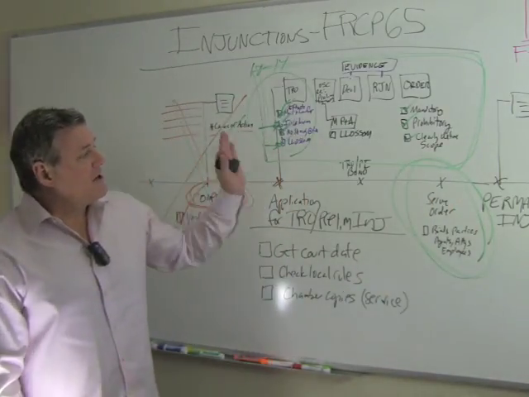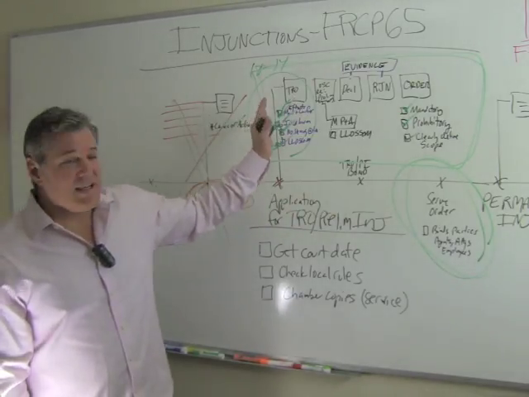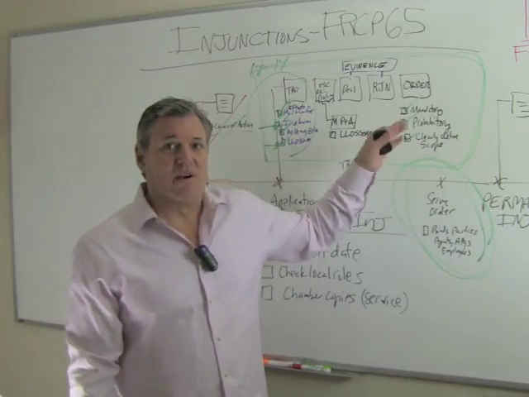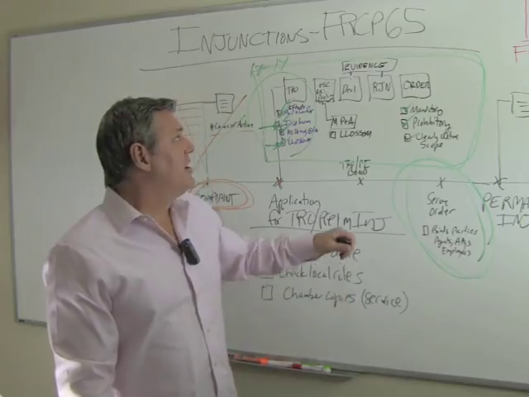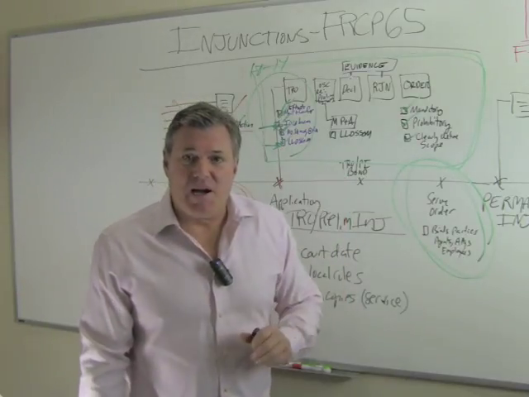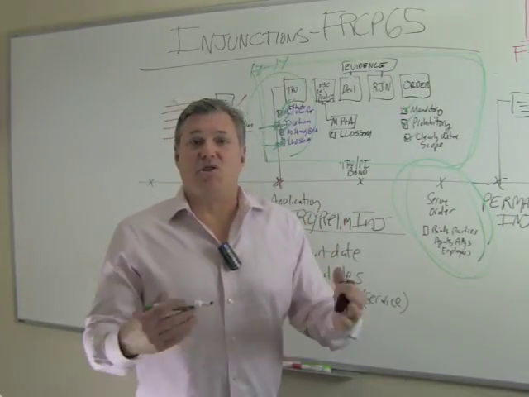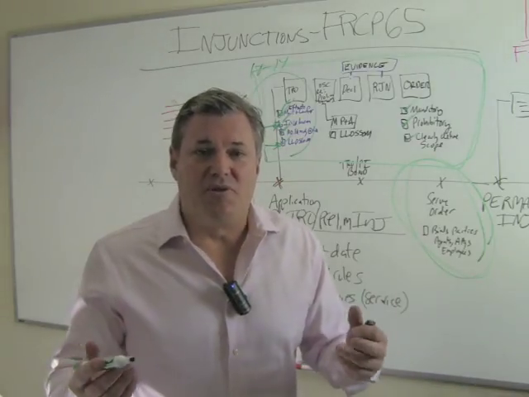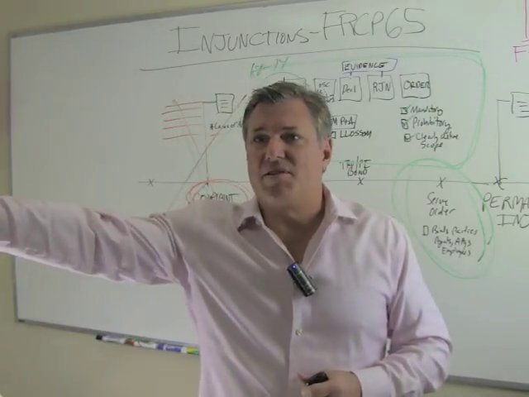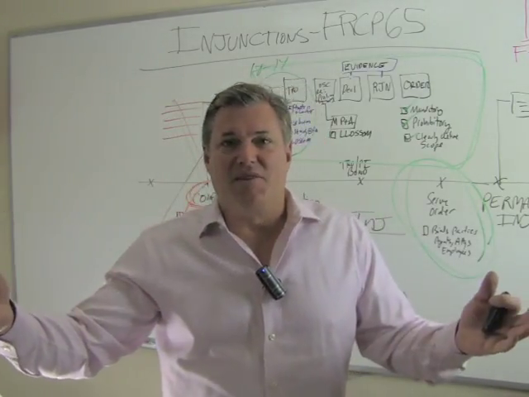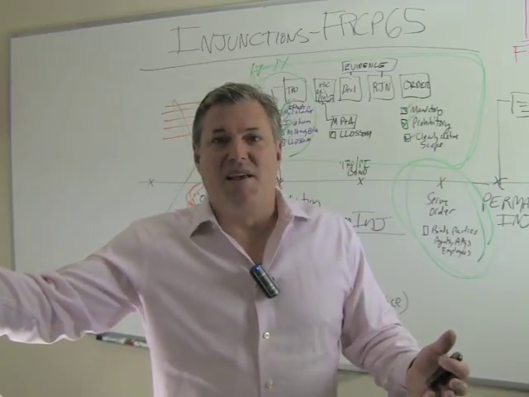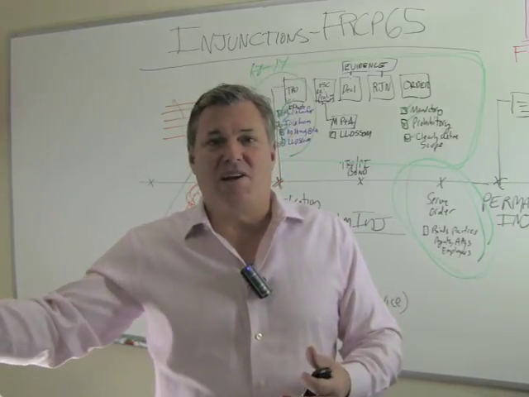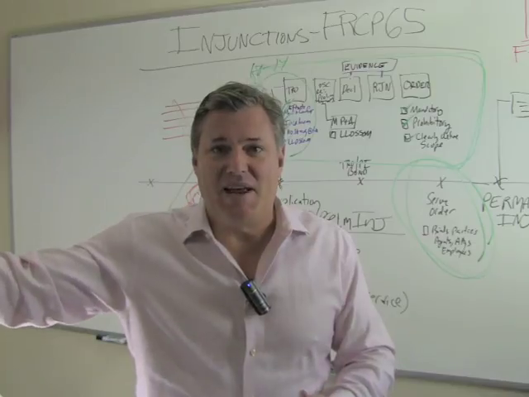Now, another point is that in order to get a temporary restraining order under FRCP 65, you're going to need to post a bond, and the bond is to protect against wrongful injunction. If you're stopping this software company from selling your goods, your products, and it turns out you're wrong and they weren't actually infringing, now they have been damaged.